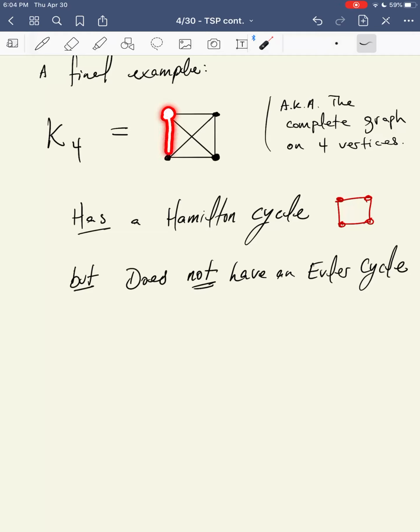We go down here, and then maybe we go over here, and then we go up here, and then we go over there, and now we're stuck. Can't get to the last edge, can't get back home without retracing an edge. And moreover, it doesn't have an Euler cycle because a graph has an Euler cycle if and only if every vertex has even degree.